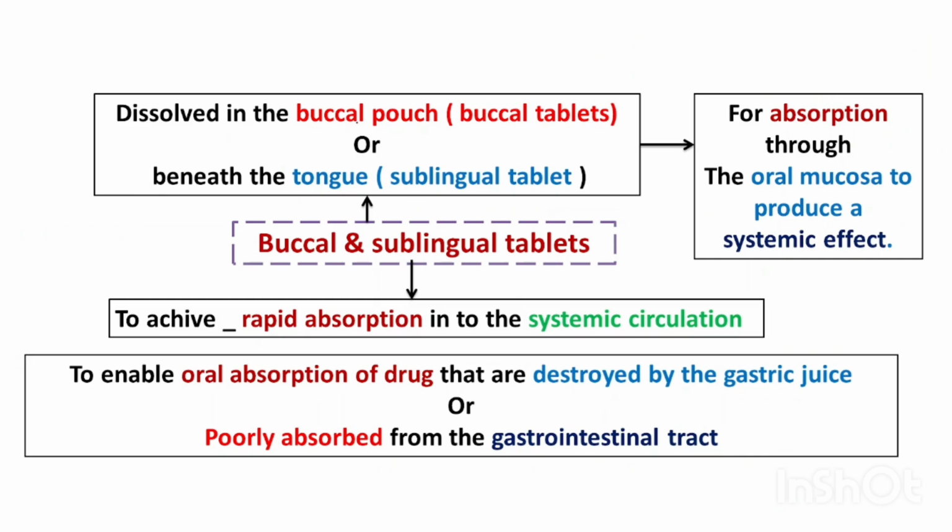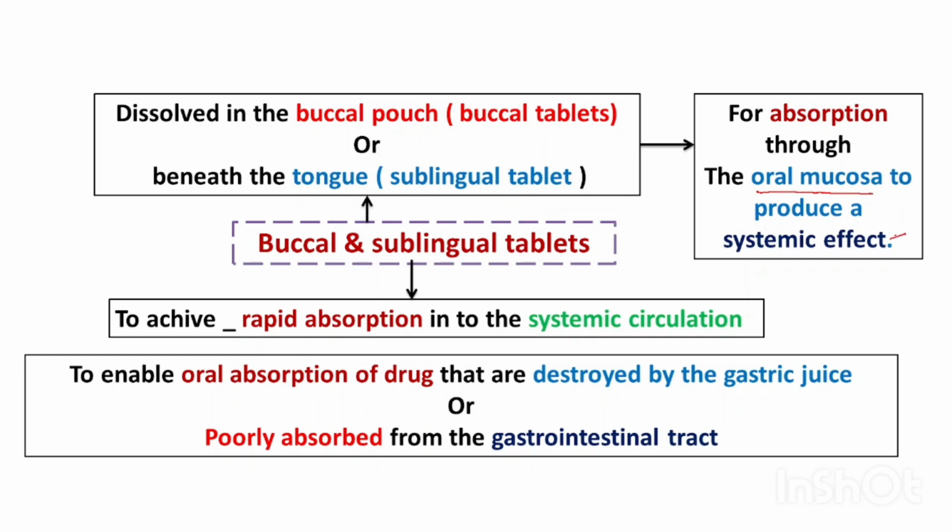Coming to the next, the buccal or sublingual tablets. Mostly these tablets dissolve in the buccal pouch or beneath the tongue, so-called sublingual tablets. So why? For absorption through the oral mucosa. Mostly in the case of a buccal tablet, the main drug is absorbed by the oral mucosa to produce a systemic effect.